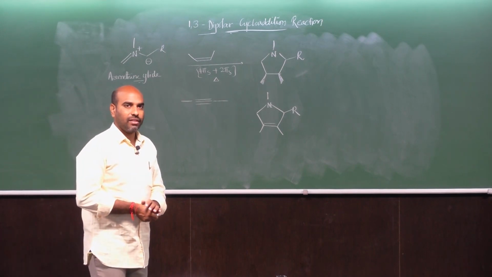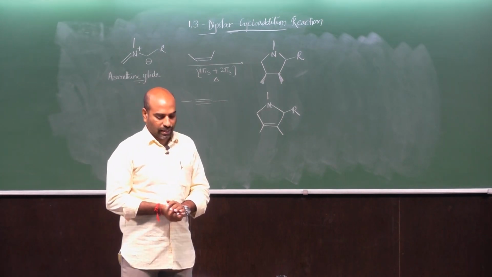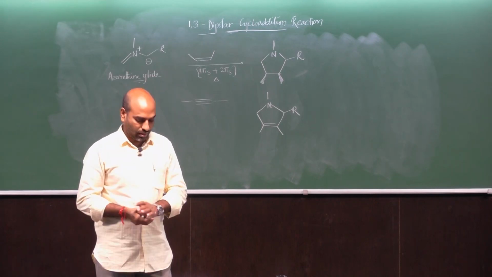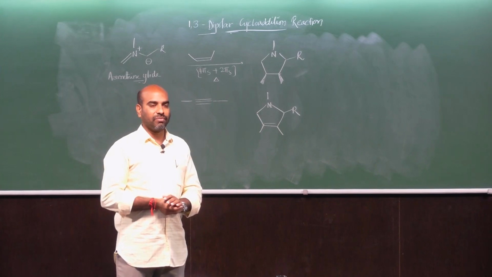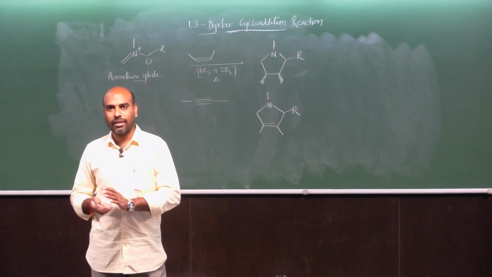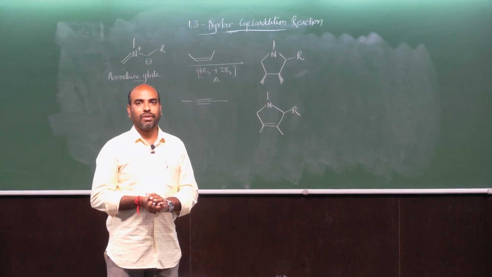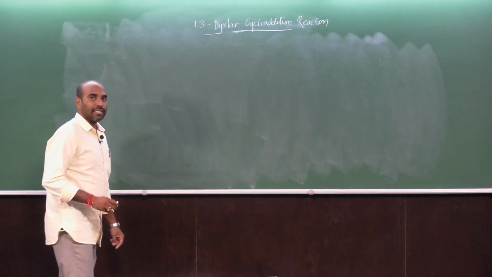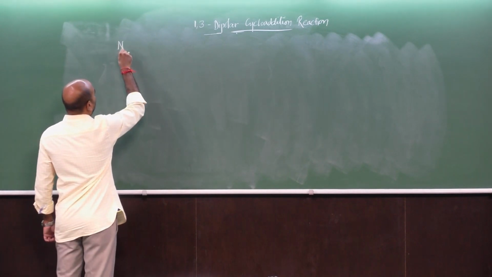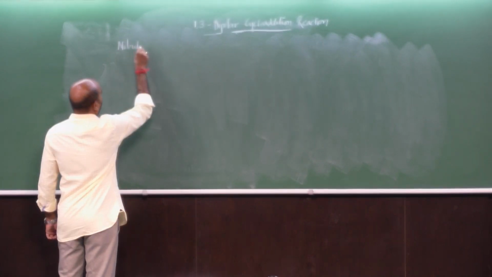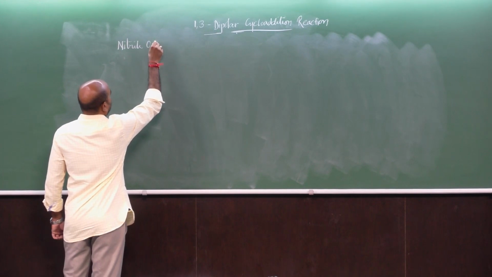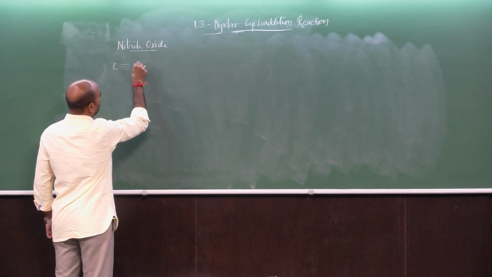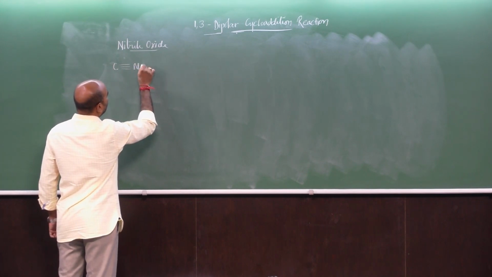And finally, we will see nitrile oxide, which is a linear structure. This upon reaction with an olefin or an alkyne will produce isoxazoles. So, the next one is nitrile oxide. How does the nitrile oxide look?